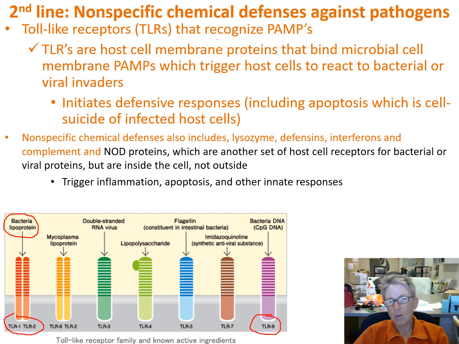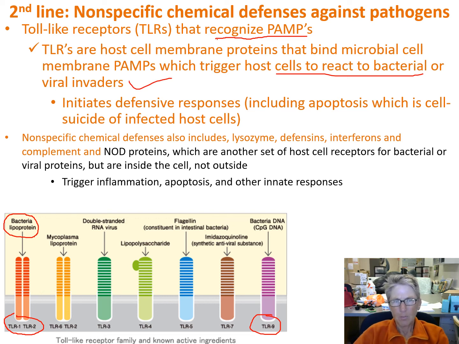Toll-like receptors are on the phagocytes and on natural killer cells, and they recognize PAMPs that are on the microbes. And when Toll-like receptors on phagocytes recognize PAMPs on the bacteria, that triggers that phagocyte to react to the bacteria or viral invaders and destroy them.